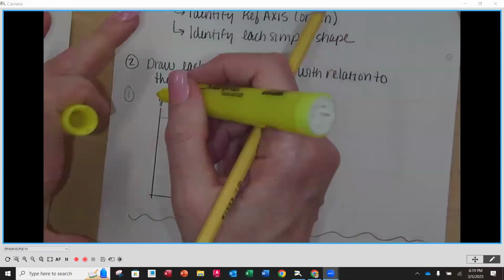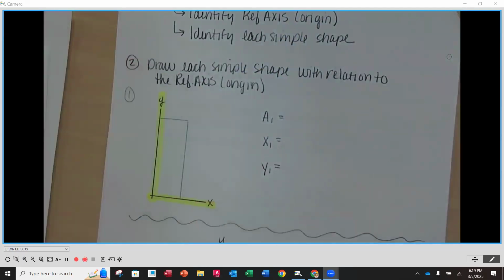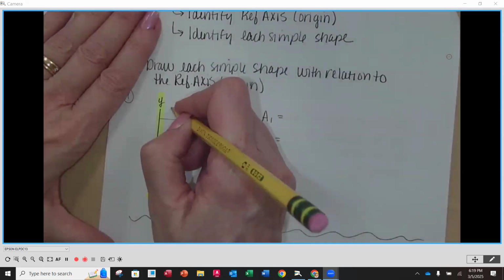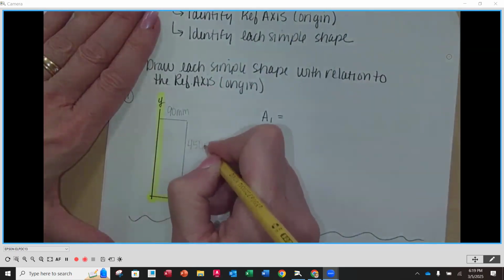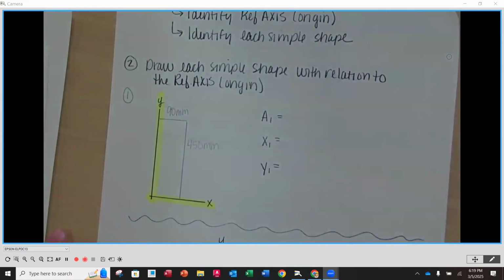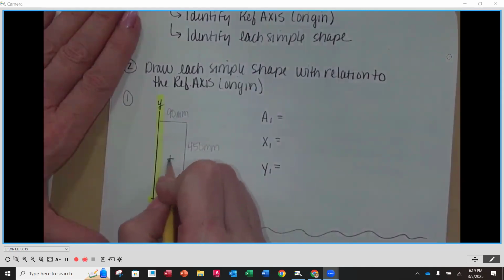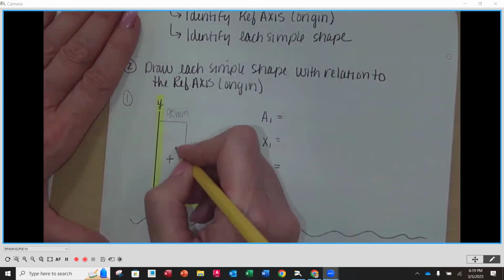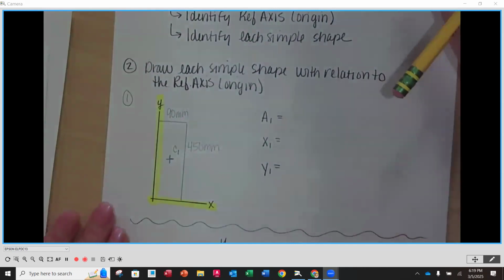And again, I like to highlight the reference axis. You don't have to on your problems at all, but it just helps to keep track of that. So I know that this is 90 millimeters wide and 450 millimeters tall. For shape number one, I'm just going to sketch in about where I believe the centroid is going to be, and it's going to be called centroid number one.